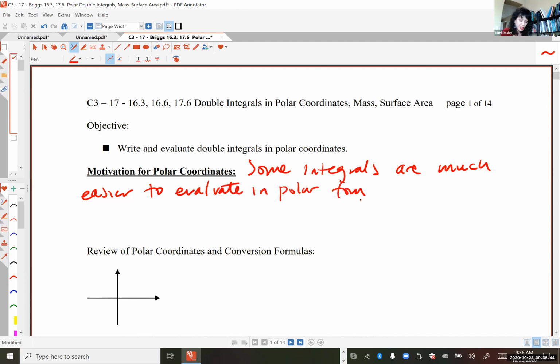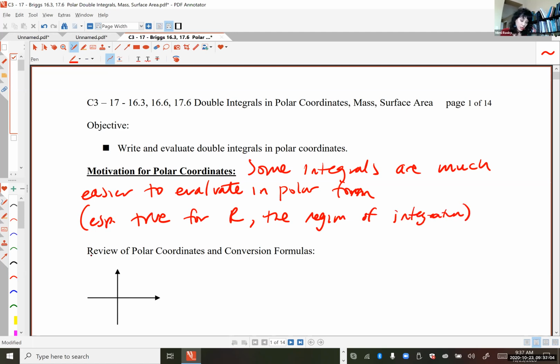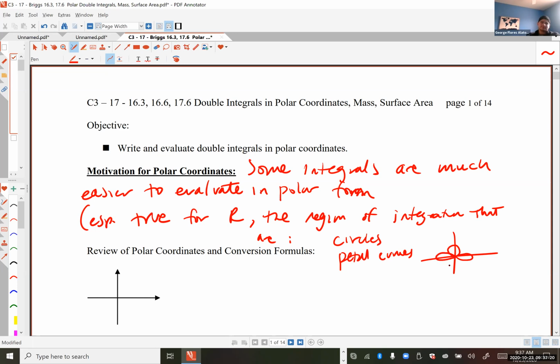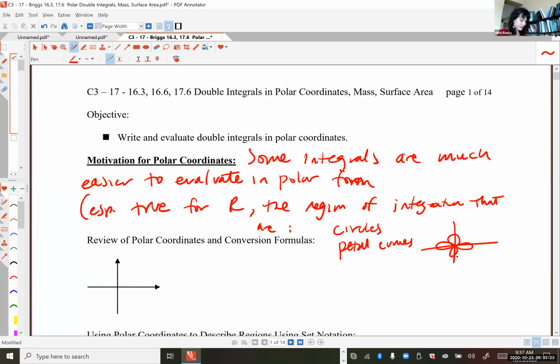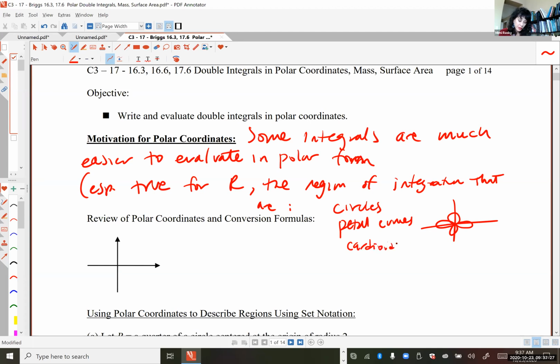This is going to be especially true for regions of integration R that are polar regions, the following candidates: circles, petal curves, which you remember from Calc 2, and cardioids.